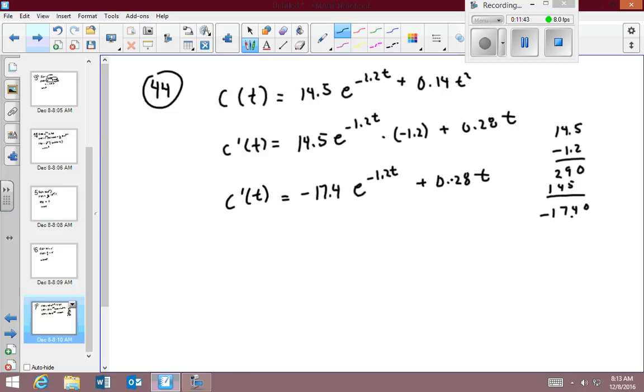And then they said to find the rate at which the national consumption is changing with respect to time 2 years after the preparation of the study. So negative 17.4 e to the negative 1.2 times 2, plus 0.28 times 2.